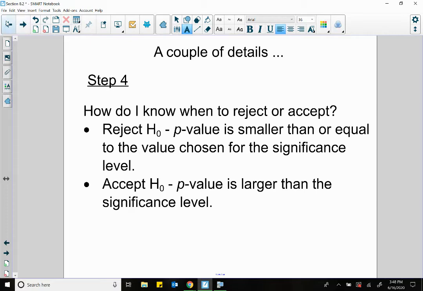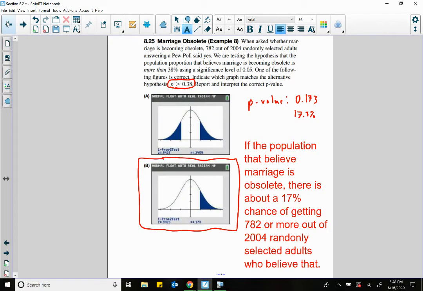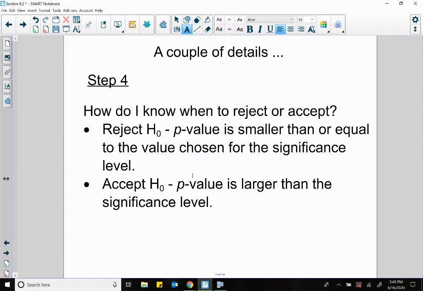If we went back to this example, our p-value was 0.173. Our significance level is 0.05. Is this larger or smaller than that? This is larger. So because the p-value is larger than the significance level, you're going to accept the null hypothesis.